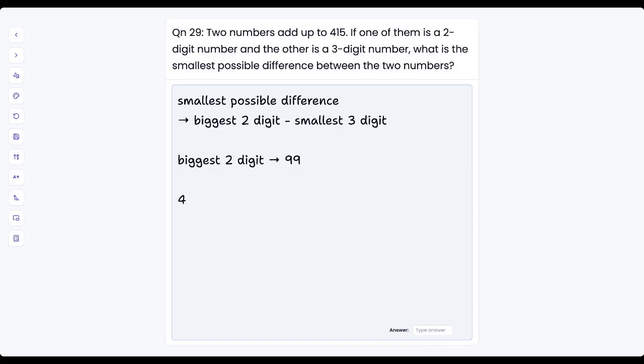So the smallest 3-digit is equal to 415 minus 99, which is basically 315 plus 1.